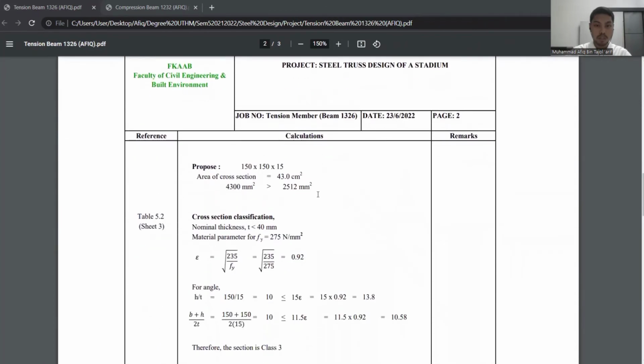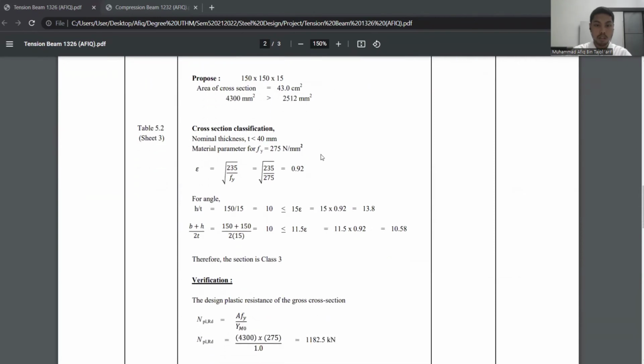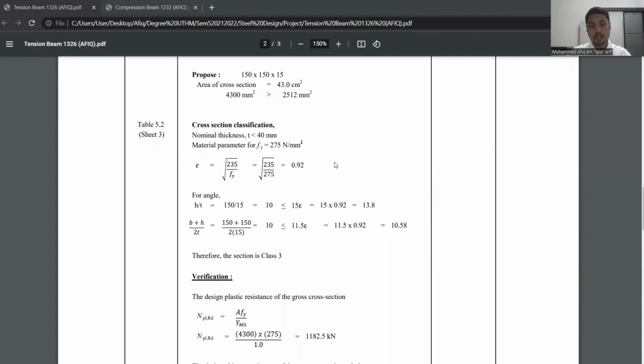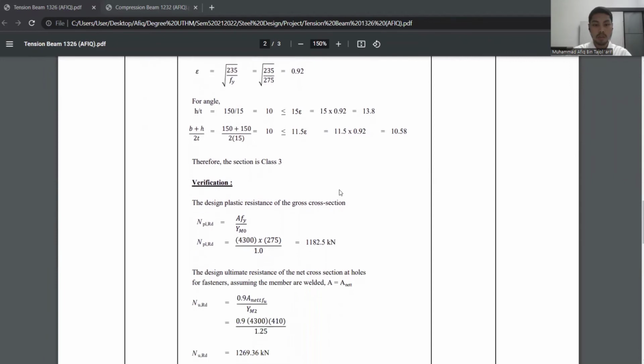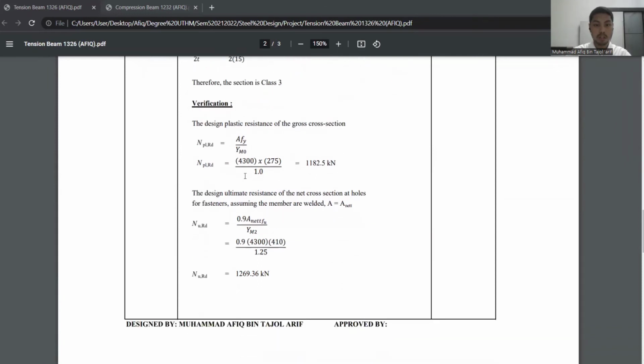Then we propose an equal angle of 150, 150, and 15, which has a cross-section area of 43 cm². The cross-section classification is class 3. For the verification, we calculate the design plastic resistance of the cross-section, Npl,Rd, and we got 1182.5 kN.